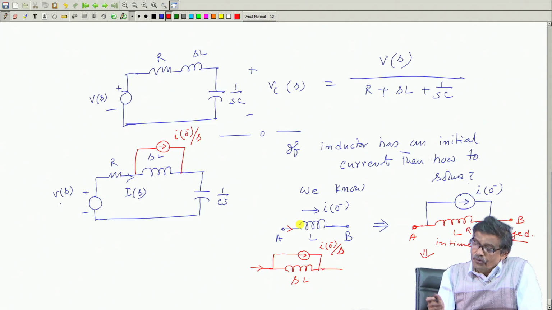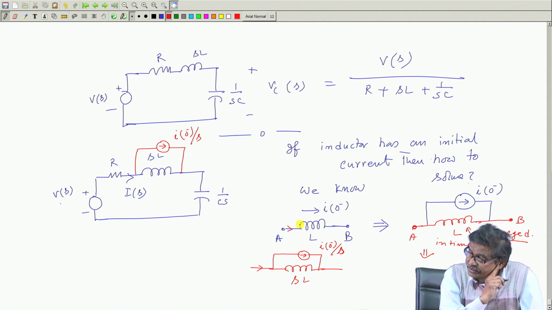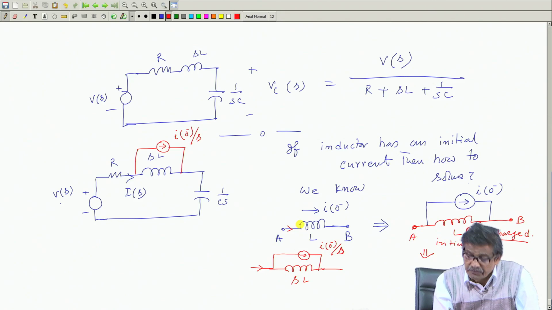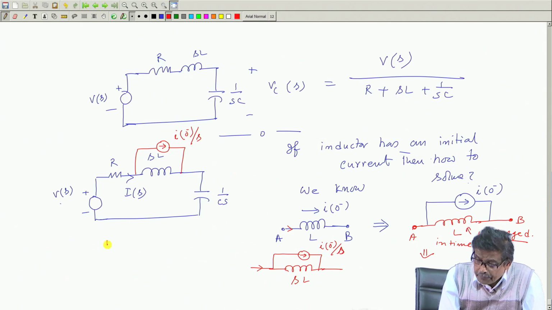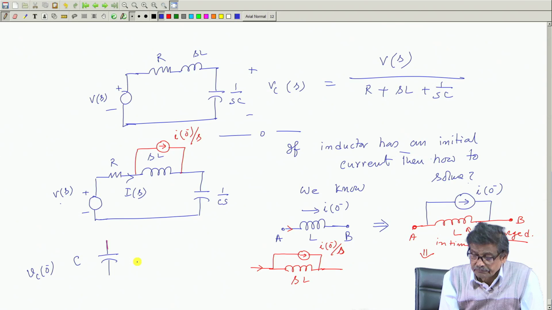Similarly, we know from our earlier discussion at the initial phase that if a capacitor has got some Vc0 minus, then in time domain, how to represent this capacitor?